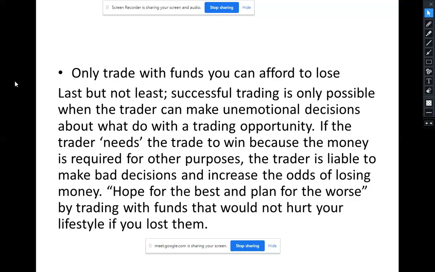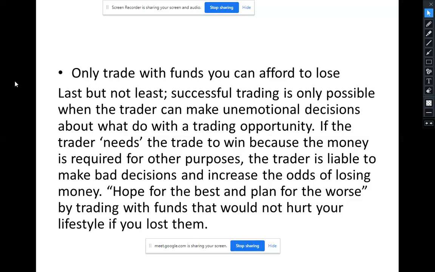A lot of people fall into that trap. They always think the market is going to be good all the time, and they use all the money they have to place an order, thinking the market will give them good returns. But they forget that trading is not about good returns these days. Trading is all about understanding and accepting what trading gives you. So only trade with funds you can afford to lose.